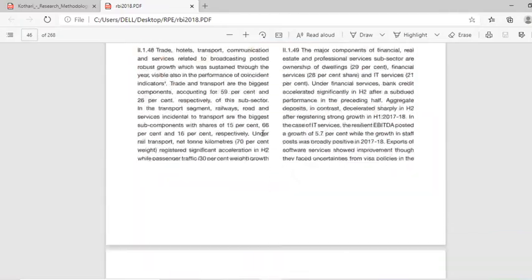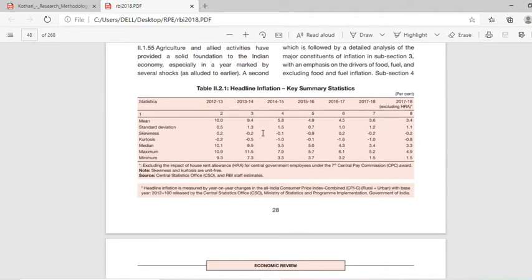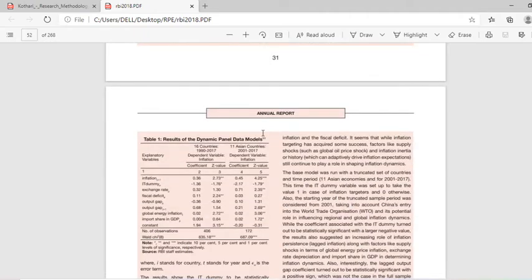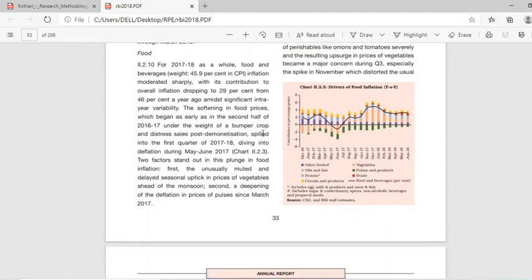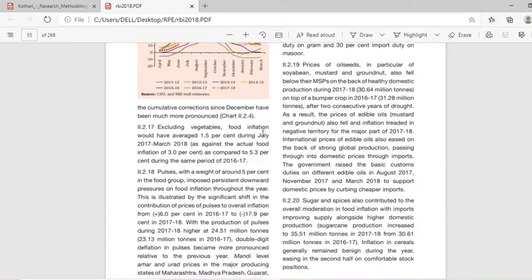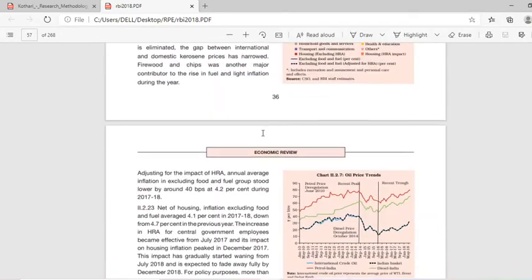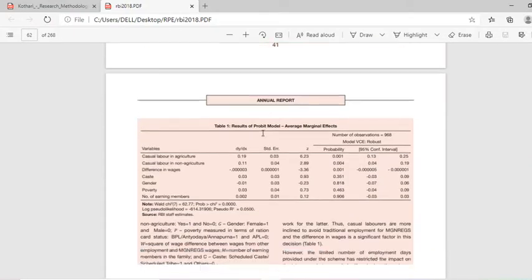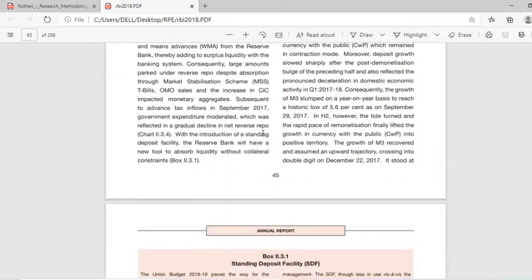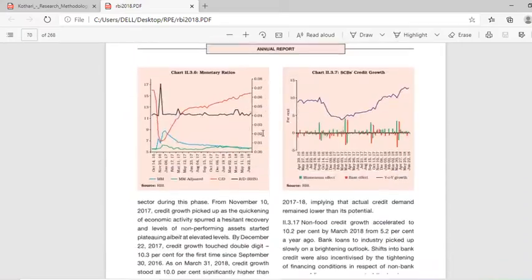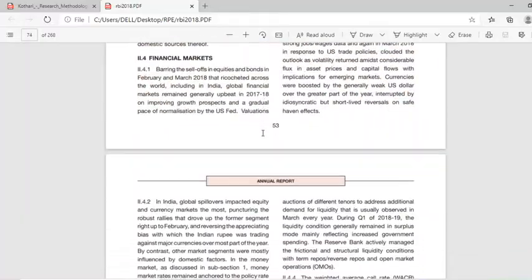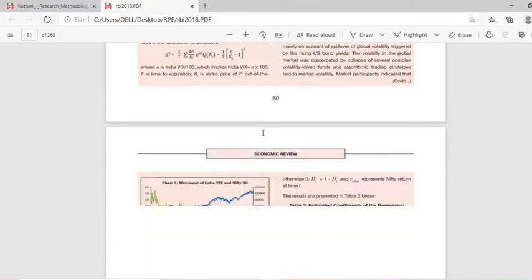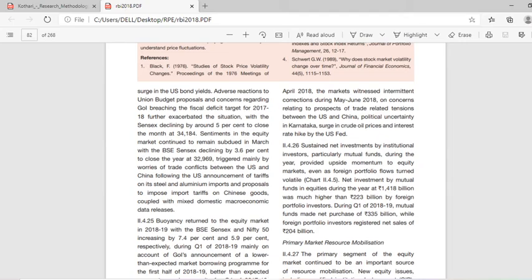Hundreds of data we can see, and sometimes you may be employed in future in these institutions, Reserve Bank, NSSO, CSO, or any government departments. Then you may have to use this type of statistical tools for making the reports. So at that time you have to understand the concept from the beginning itself. So many time series data you can see, and you can use this type of time series data in your research.